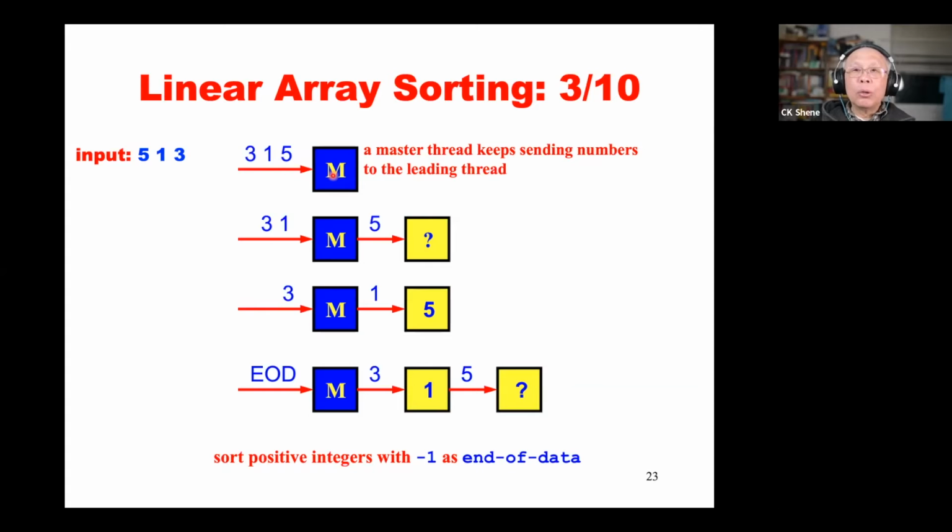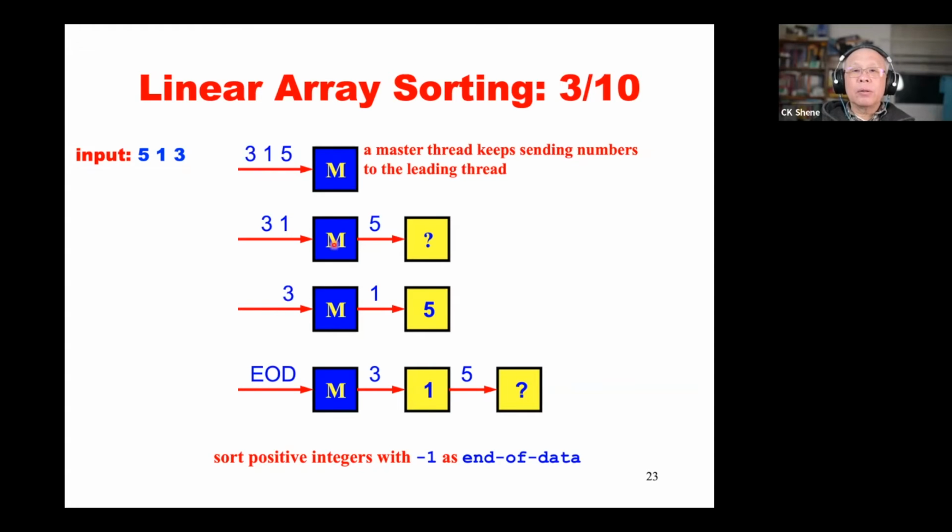Now, how do we know the data ends? When the master thread reads end of file, it knows there's no more value. So the master thread chooses a negative value, say -1, to indicate end of data. Here, let's say the master thread reads 5 and sends it out.